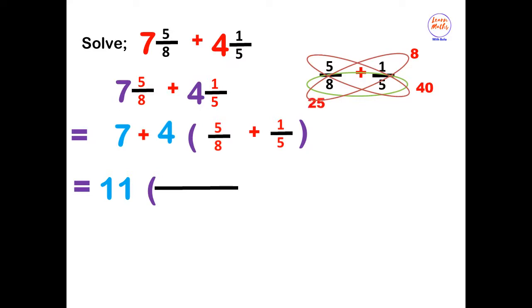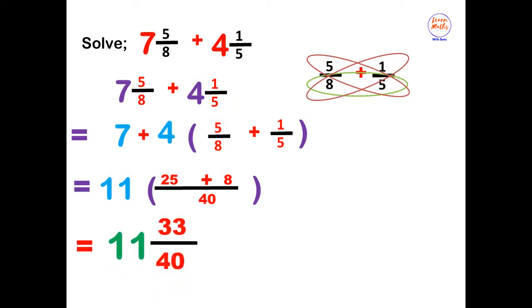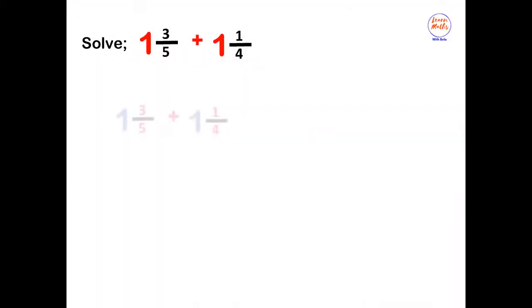We have 25 plus 8, then the LCM, which is the multiplication of your denominators, is 40. So we have 1 and 33 over 40. So 25 plus 8 is basically 33. Example to explain.